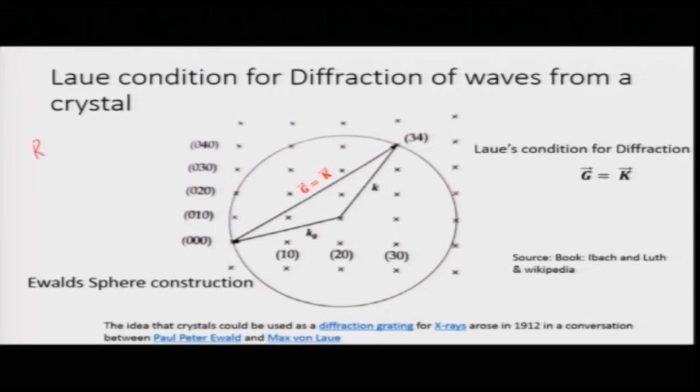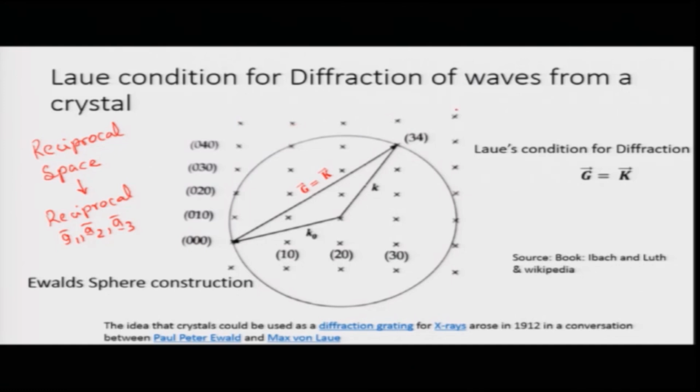Now we go to our reciprocal space, and for a given crystal you can make your reciprocal lattice using combinations of G1, G2, G3 to generate the reciprocal lattice points.